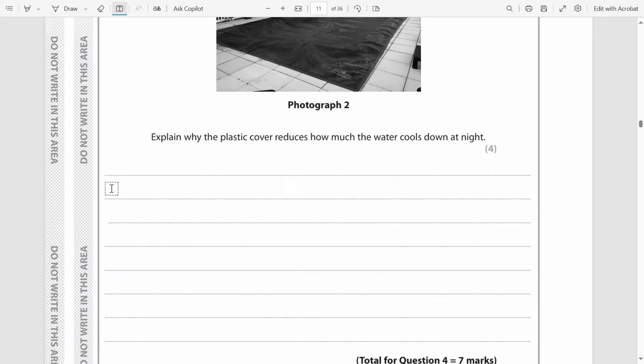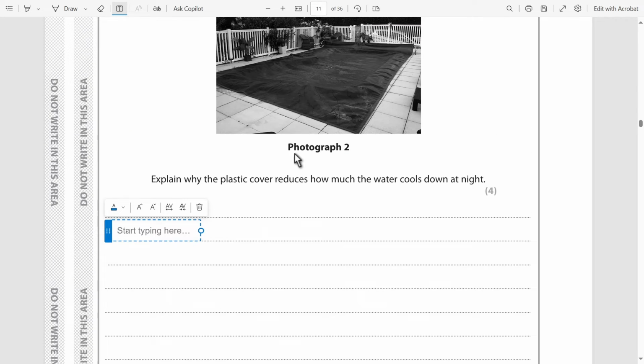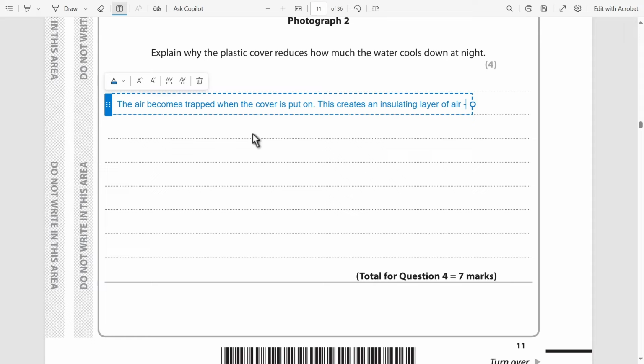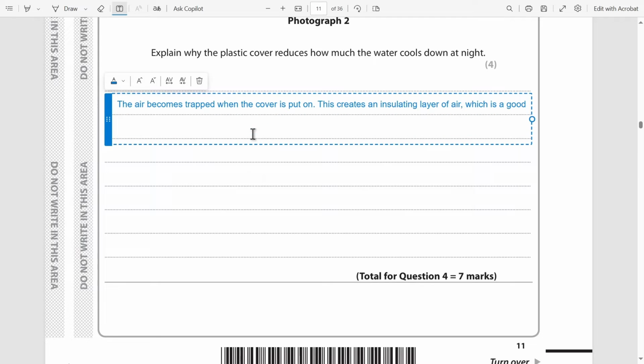So, the next one: explain why the plastic cover. Okay, so guys, there's a lot to talk about here, about 6 things. The air becomes trapped when the cover is put on. This creates an insulating layer of air, which is a good insulator.